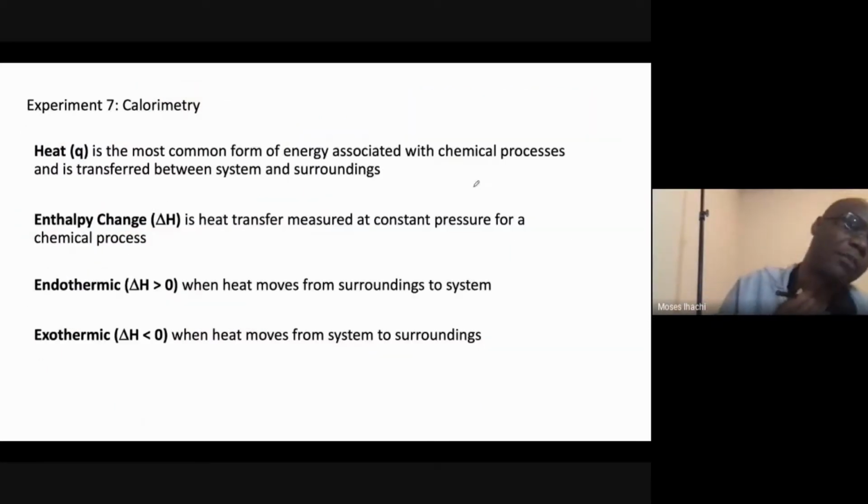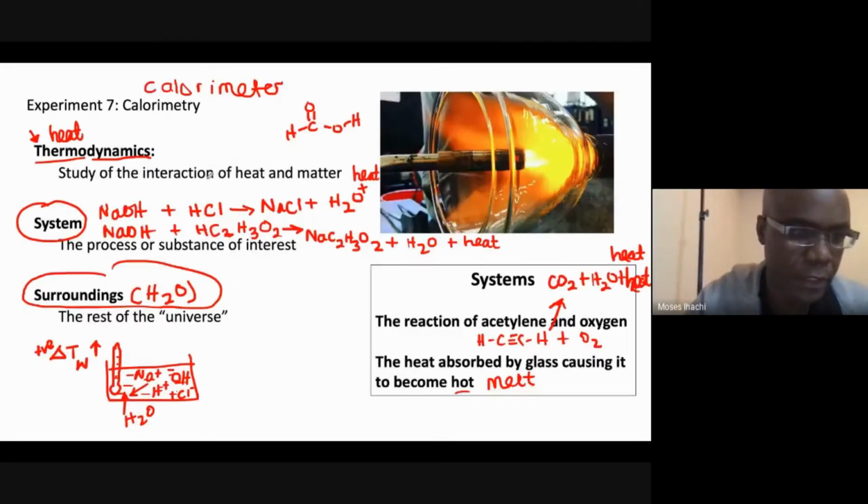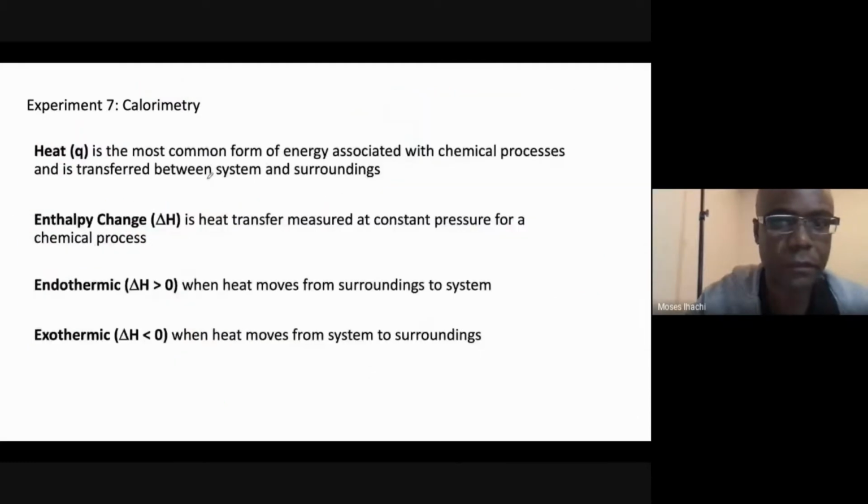All right, so I've talked about Q. Did I? No, I've not mentioned Q. So Q is the quantity of heat. It's the most common form of energy associated with chemical process and is transferred from one system to another system or to the surroundings. We're going to define Q as mass times specific heat capacity times change in temperature.